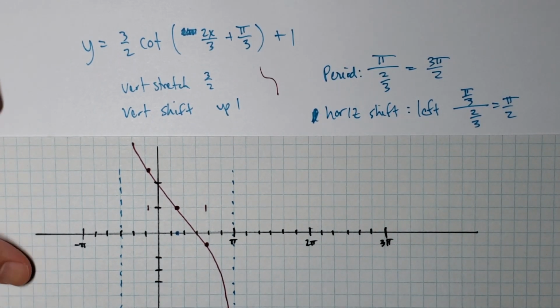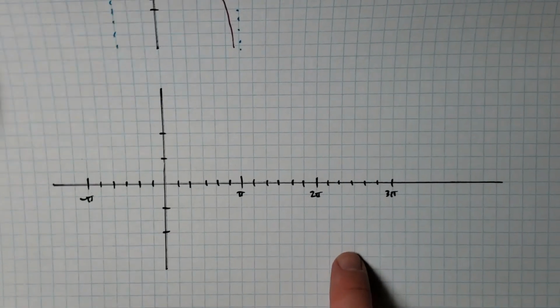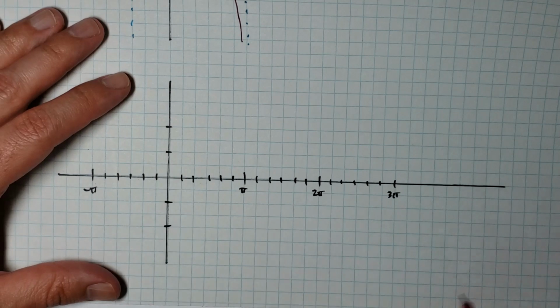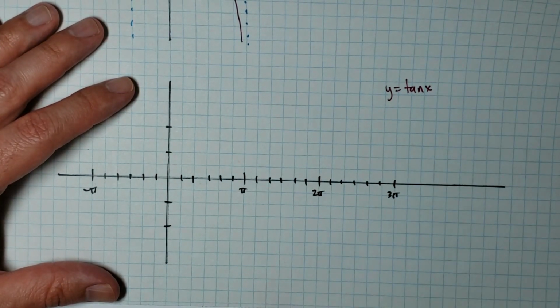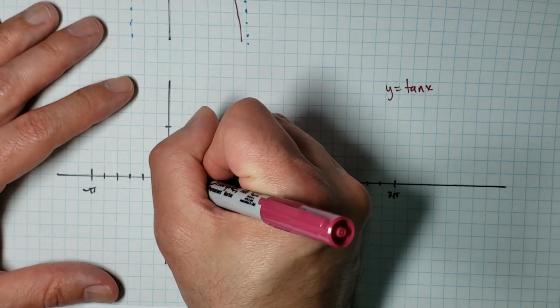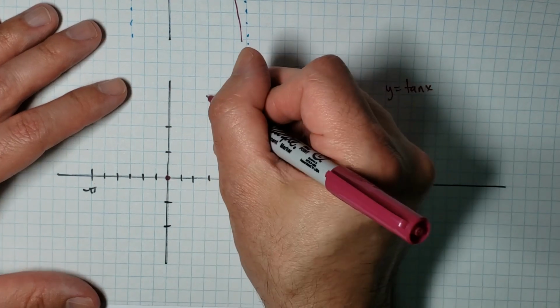One other quick thing to notice about these trig functions. Let's just say that we have tangent of x, which we know starts at a center point. Move over the period. It's going to be here. Halfway is going to be an asymptote.